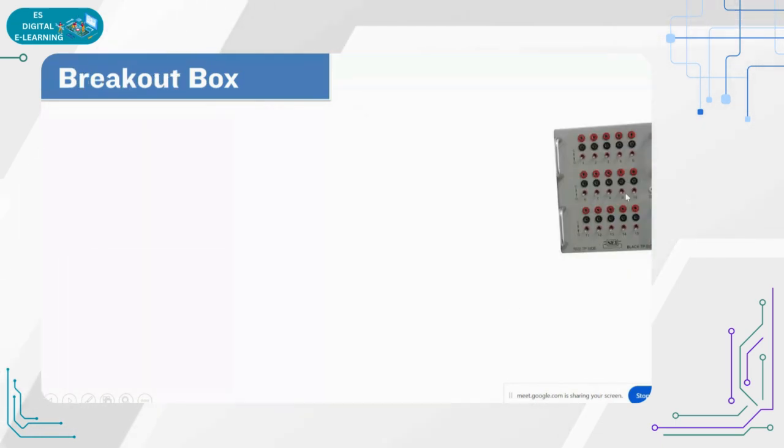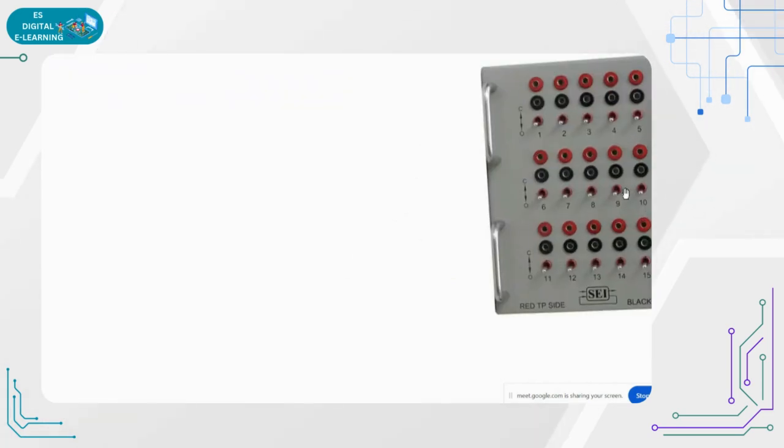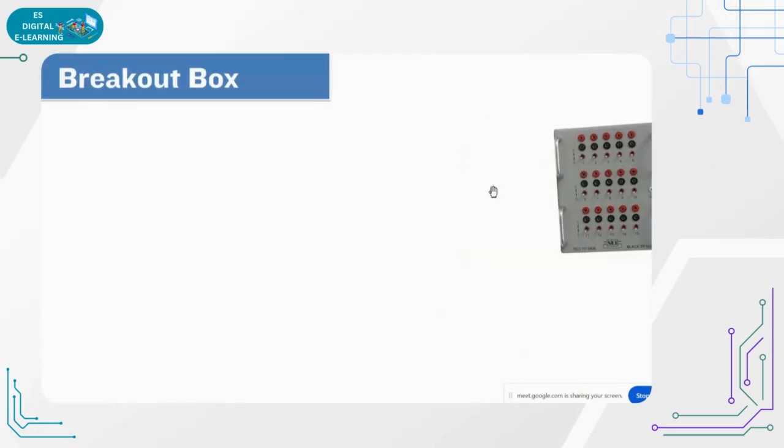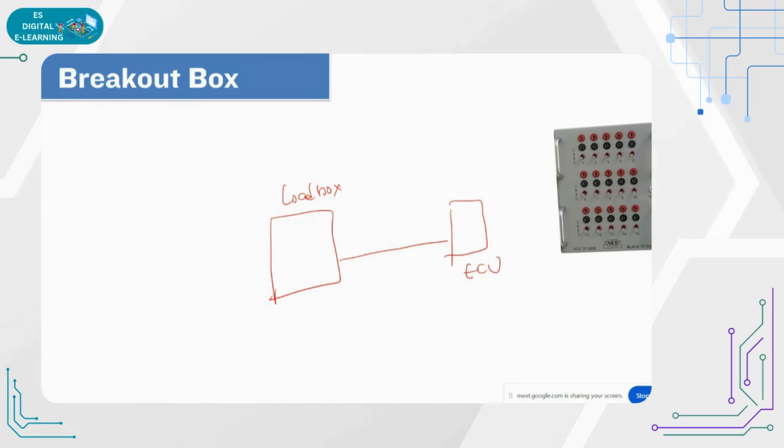And the breakout box is the same, but the only thing is it is breaking the information. Suppose, imagine this is a load box and we have an ECU. So the breakout box you are keeping in between.